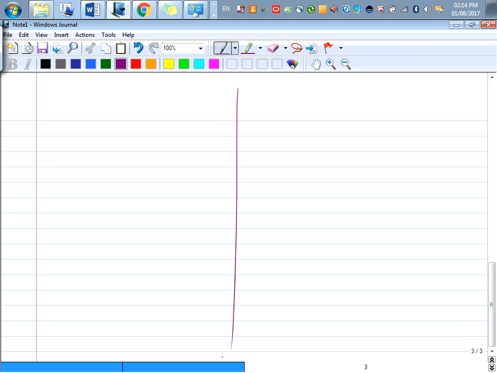Same thing, divide it into half, left and right. When n equals 3 and a is greater than 0, example, y equals 2x to the power of 3.